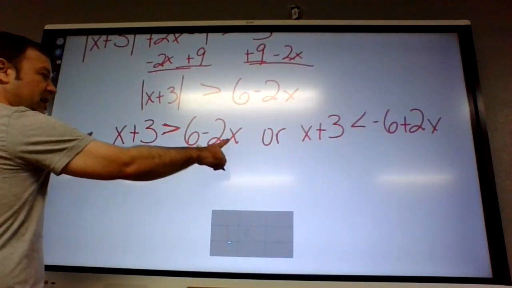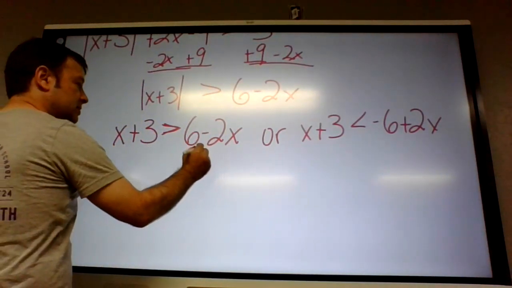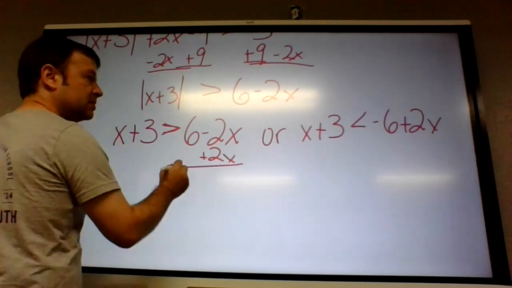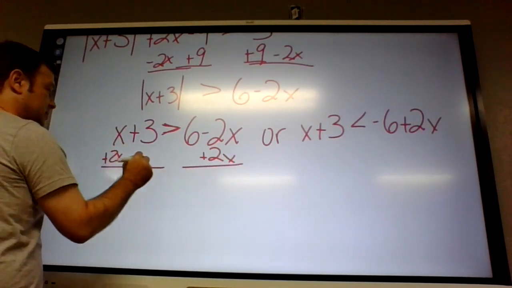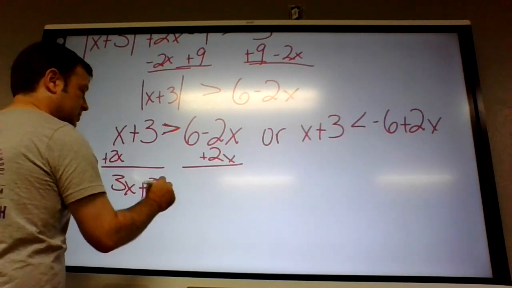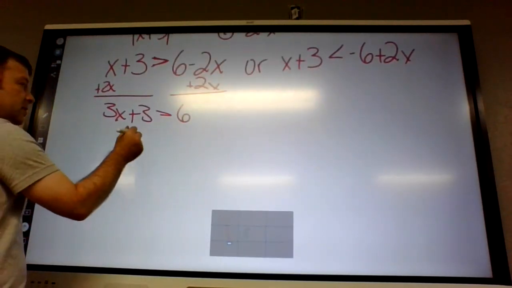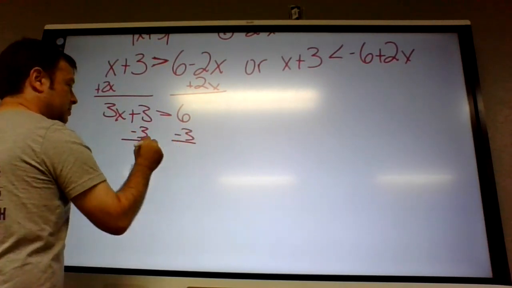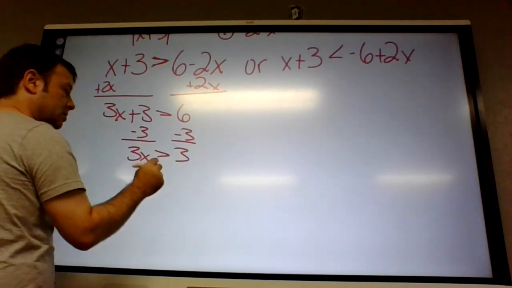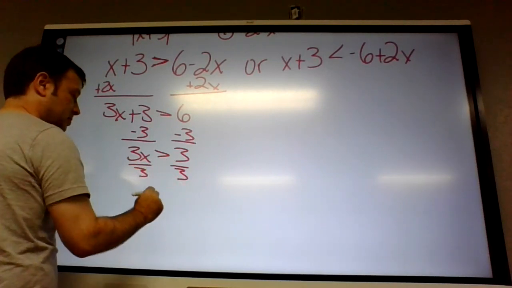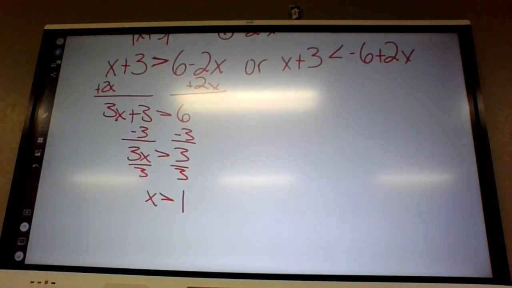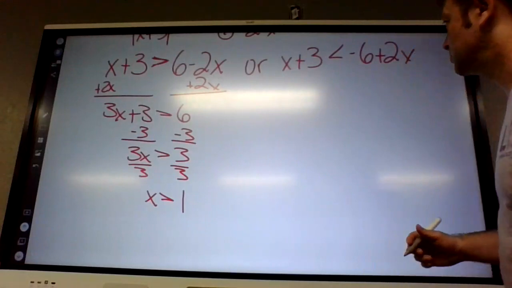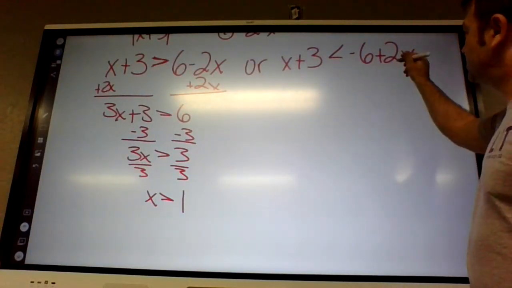Okay, anyways, what do we do when we have x's on both sides? Get them on one side. Yeah, let's add 2x on this one. It's an ugly greater than. No, I'm about to do this one.